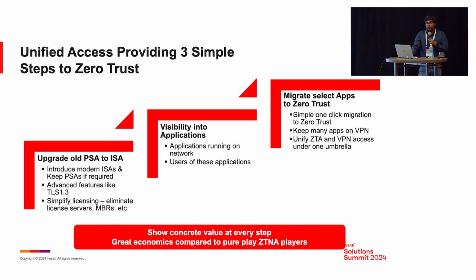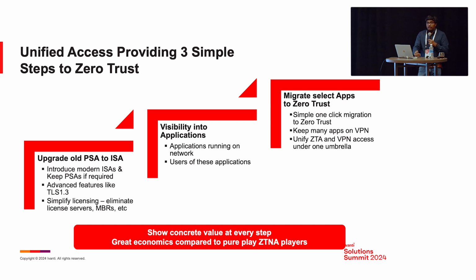And the second thing that we do is we completely provide visibility into all the applications that the users access through VPN. This is something that no other vendor in the market offers today. When you connect through a VPN, when you access through a tunnel, vendors generally don't know what applications that users use.